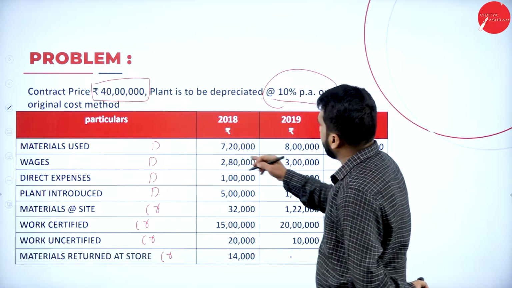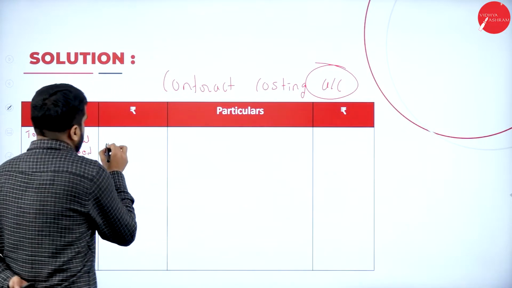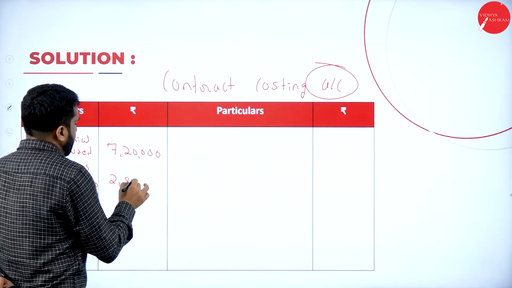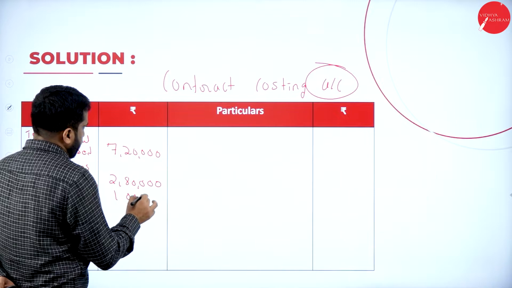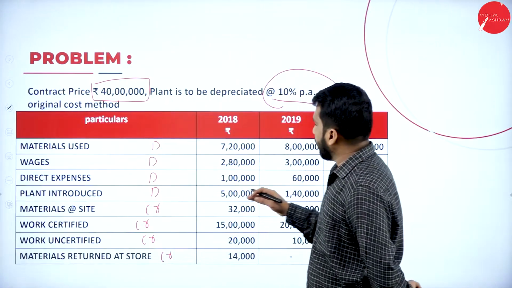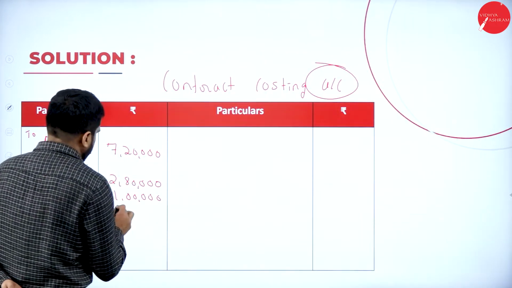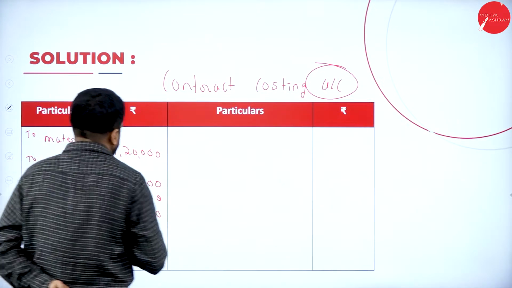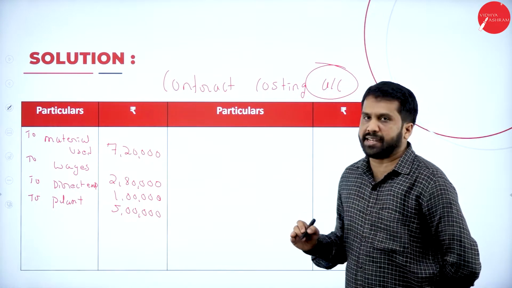So how much we have? 7 lakh 20,000, 2 lakh 80,000, 1 lakh. After 1 lakh we have 5 lakh for plant introduced. Plant introduced is 5 lakh. So everything we have taken.